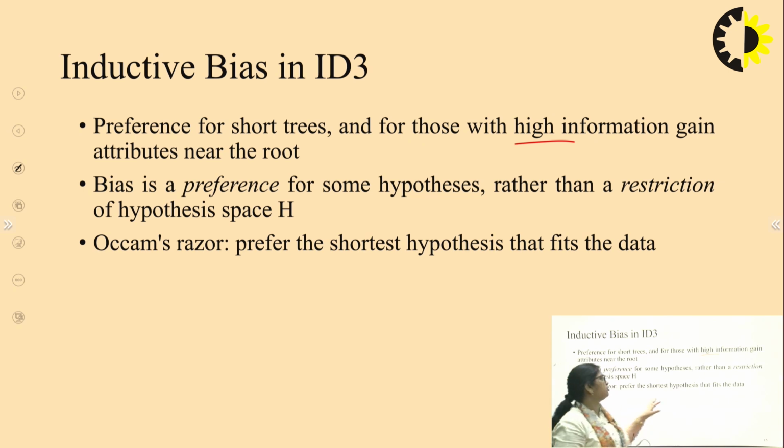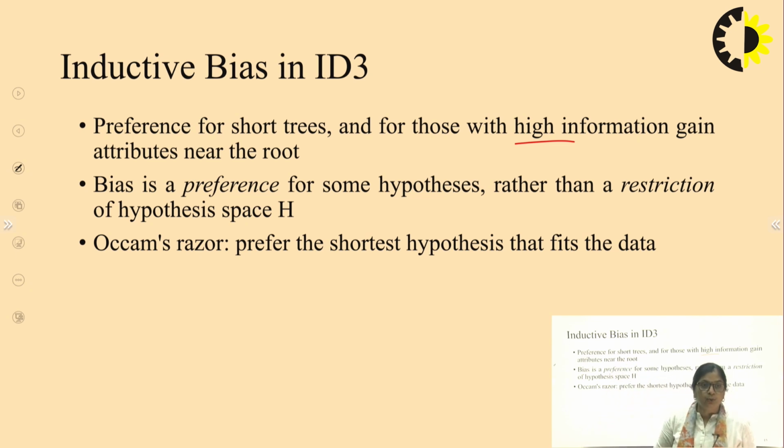It prefers the shortest hypothesis that best fits the data. That's why it finds a node for the root which best classifies the data, based on the preference bias. So this is all about our ID3 algorithm, that is, inductive decision tree learning.